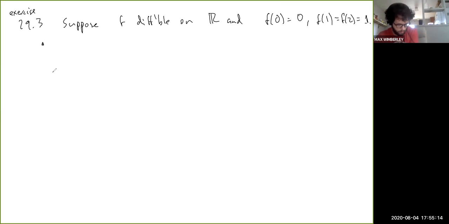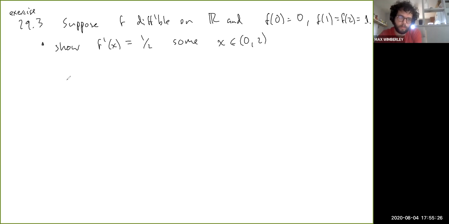Then show f prime of x equals 1/2 for some x in (0, 2), and show f prime of x equals 1/7 for some x in (0, 2), right?